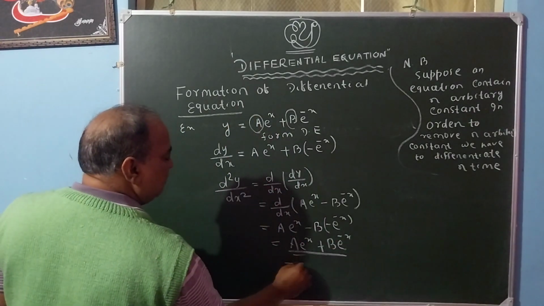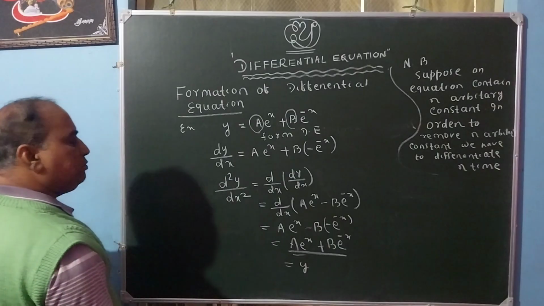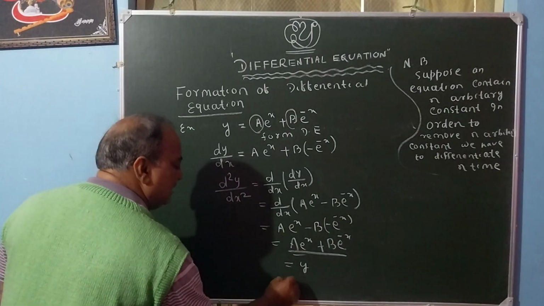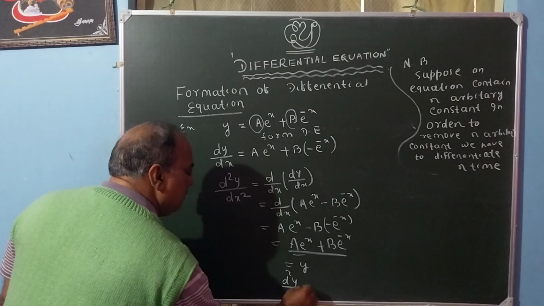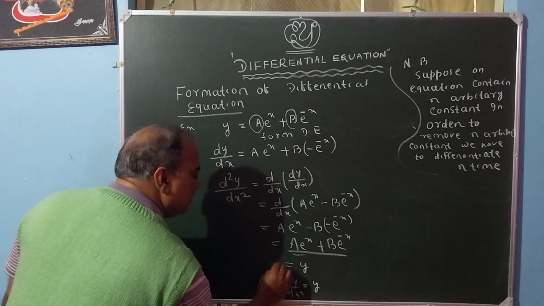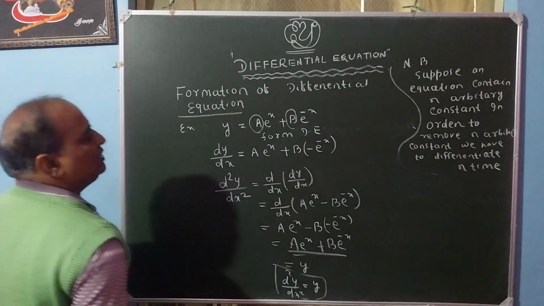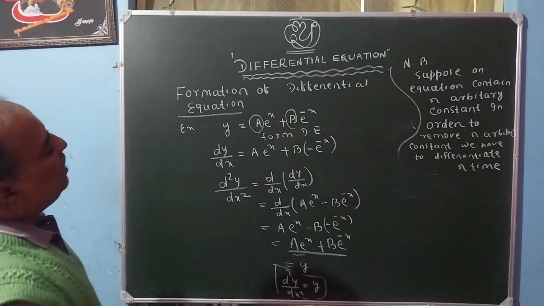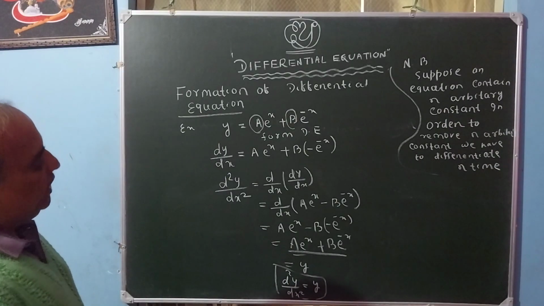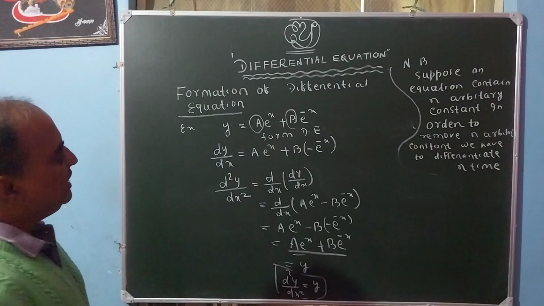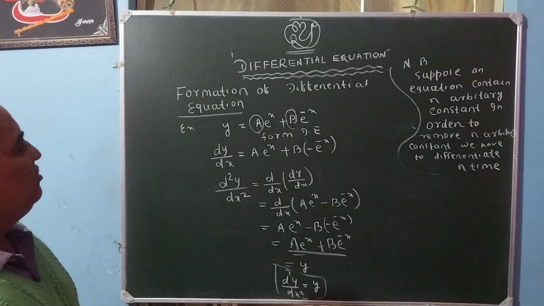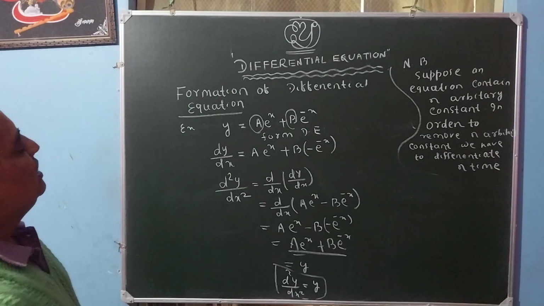So the corresponding differential equation is d square y/dx square is equal to y. Number of arbitrary constants is 2, so we differentiated it two times. So this is the answer of this question.